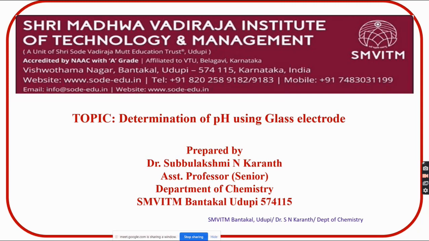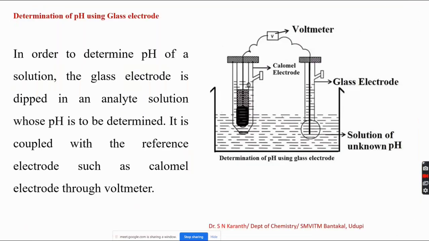To determine the pH of a solution using a glass electrode, you have to construct a cell. The glass electrode is dipped in an analyte solution whose pH is to be determined.